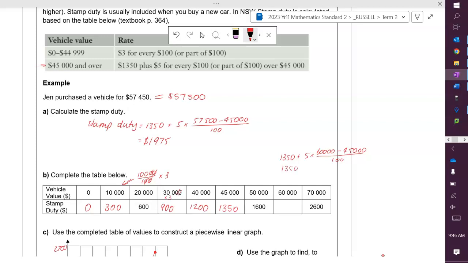So that gives us $1,350 plus 5 times 15,000 over 100. If we work that all out, that gives us $2,100. If you were to put that into your calculator, that is what it would give us. I've just run out of space there.